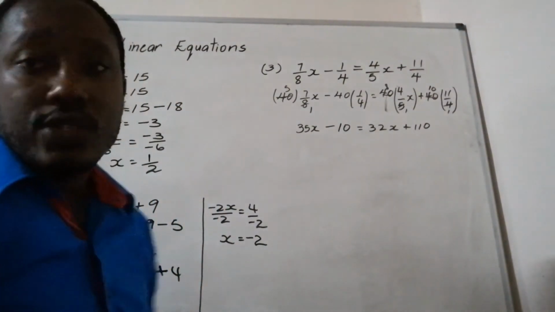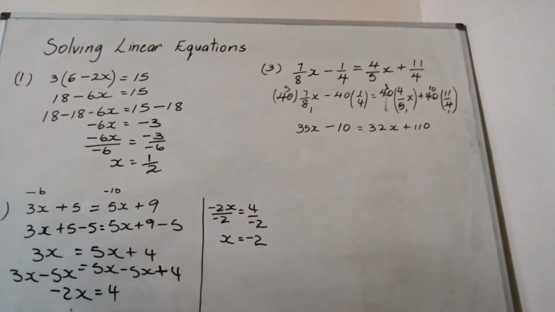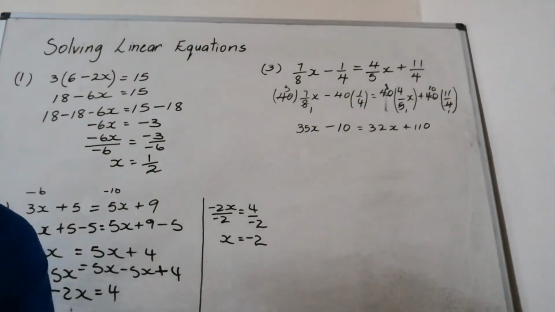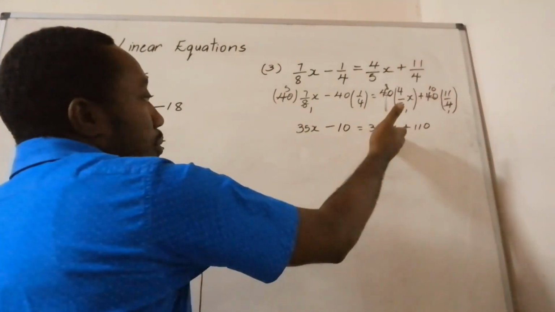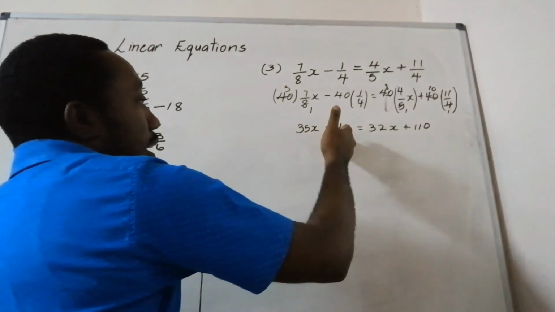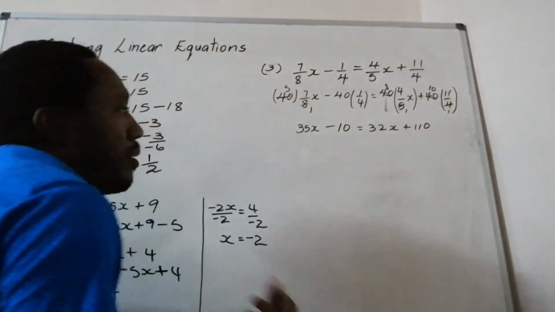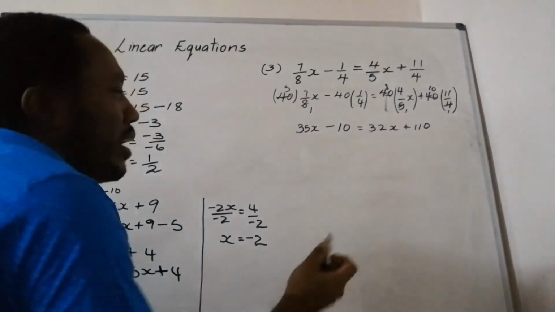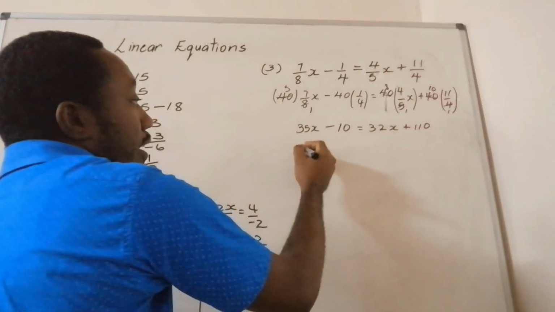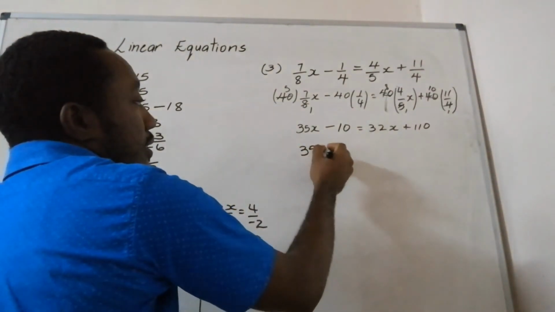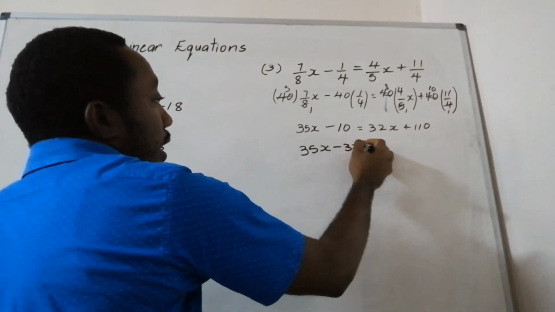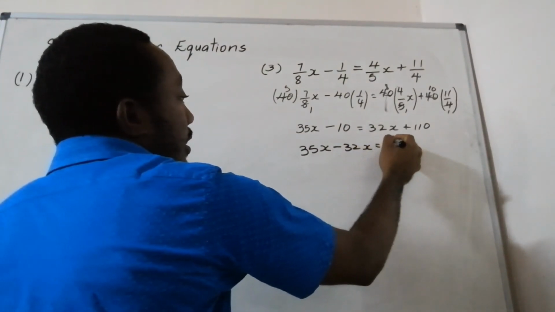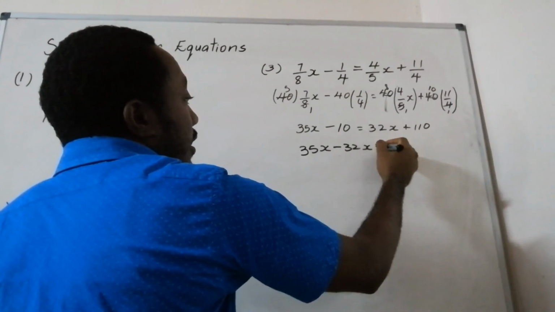Now it's for us to solve our equation to see what the value of x is. So what we do, we bring our 32x over here, carry our 10 over there. And by now we should know that when we bring our 32x over here, we will end up with 35x minus 32x is equal to 110.